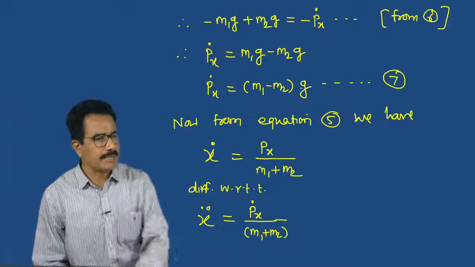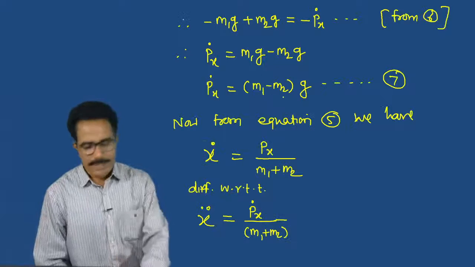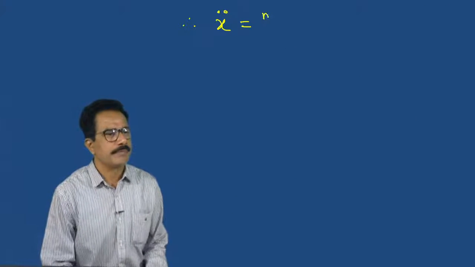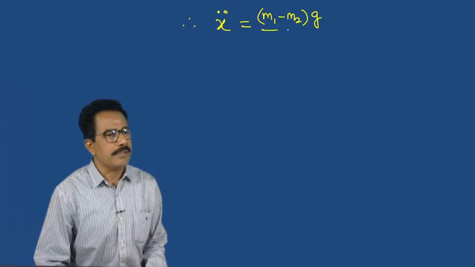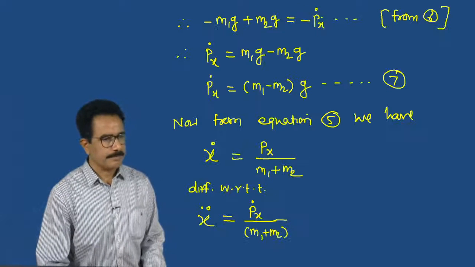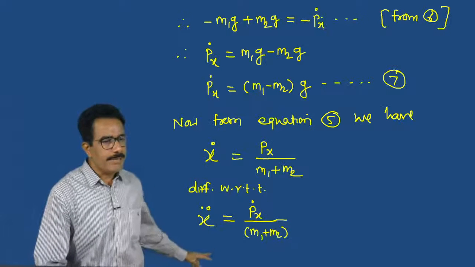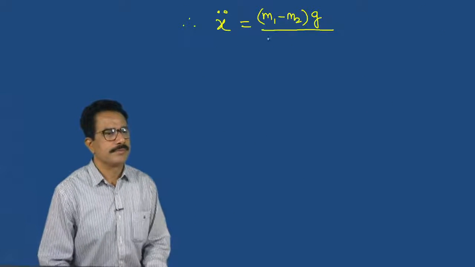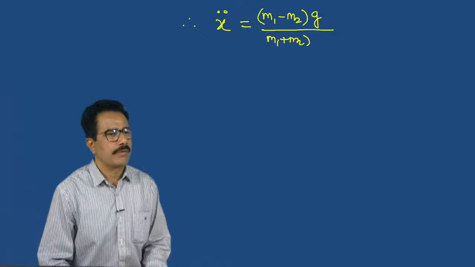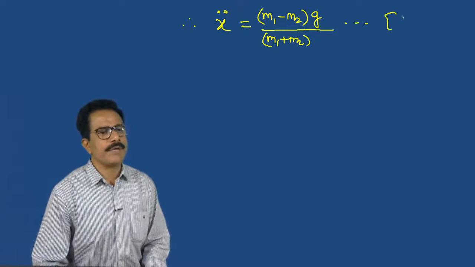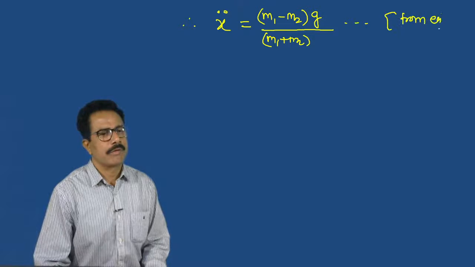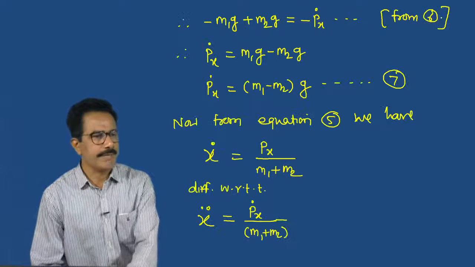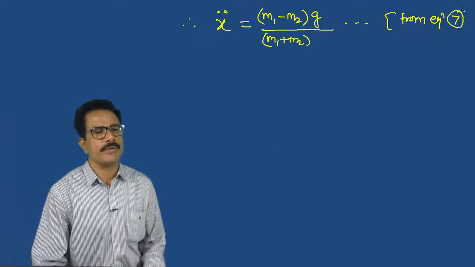So we can write x double dot is equals to px dot means m1 minus m2 into g divided by m1 plus m2. This is from equation 7. 7 वरनं आपण px dot ची व्हॅल्यू ठेवली.